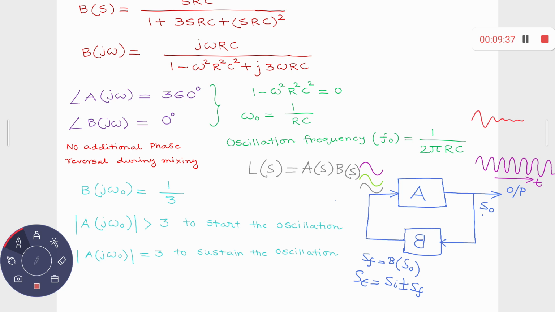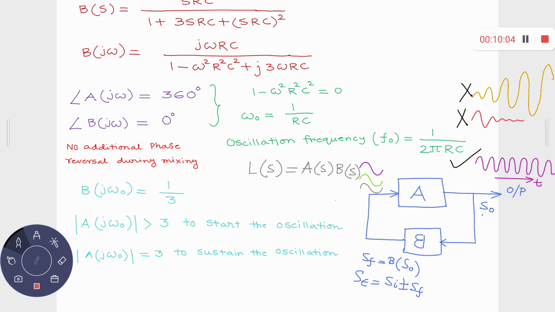Or this is also not expected. That means unstable system. Unstable. So these two are not desired. This one is desired. That means a sustained oscillation.